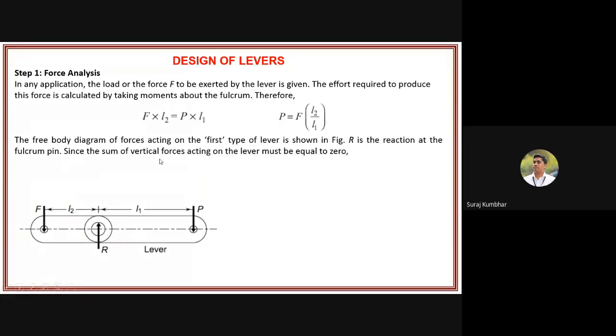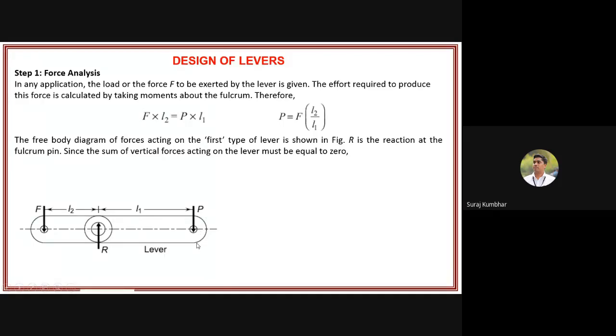Since the sum of the vertical forces acting on the lever must be equal to 0, R, the reaction at the fulcrum, acts in the vertical direction, whereas the effort and load act in a downward direction. So I will consider R as positive in the upward direction, and F and P, which go downward, as negative.